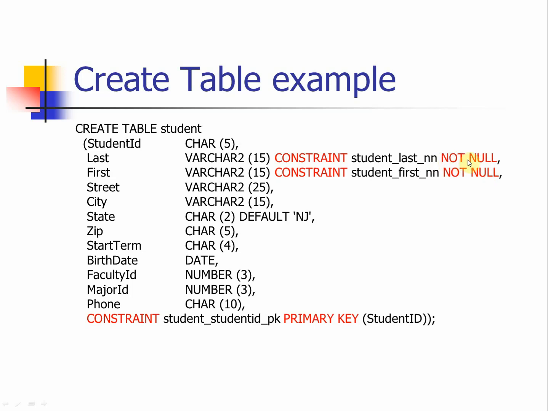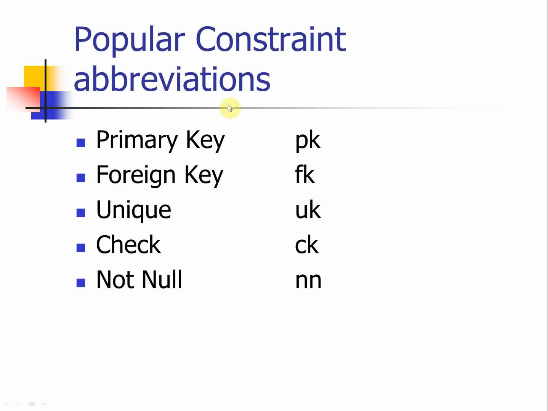So if you put NOT NULL, that indicates this last name cannot be null. The red parts are highlighted to show that these are the parts the computer really cares about. Again, we can create these 5 constraints in Oracle, and the reserved words are given in this slide.